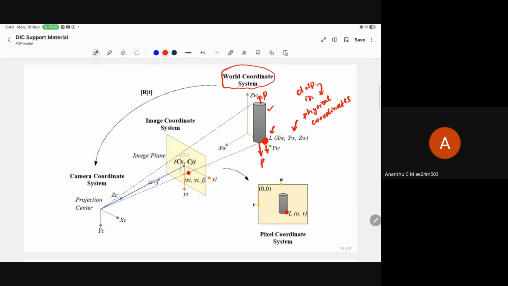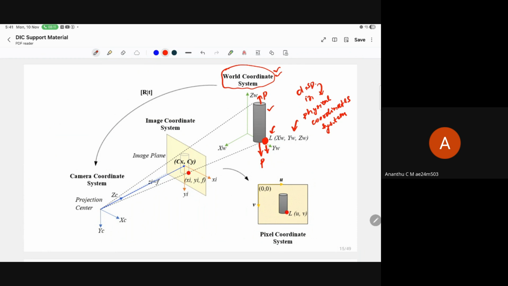In reality that is what will happen. You take a sample and put it in a loading machine, and the machine applies the load, and because of the load the sample deforms, and during the deformation whatever point you select is going to have displacement, right? So that happens in the world coordinate system or physical coordinate system.